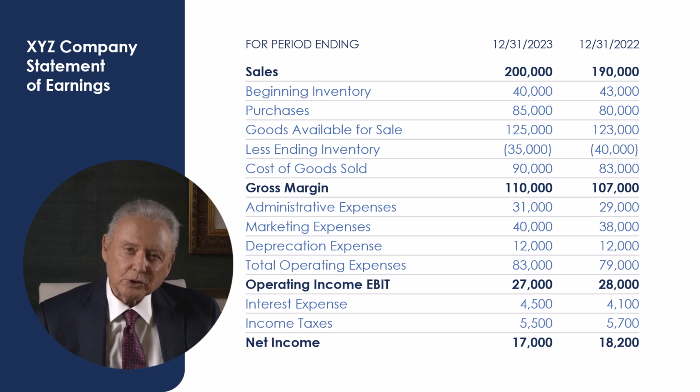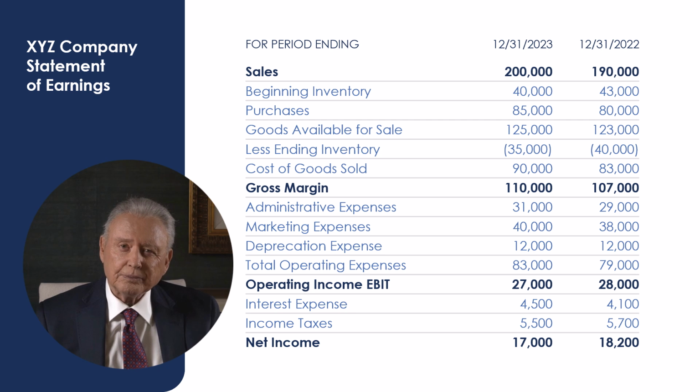We have ending inventory of $35,000, which we subtract from goods available for sale of $125,000, and we get cost of goods sold of $90,000. Subtracting $90,000 from sales of $200,000, we get gross margin of $110,000. For 2023, operating expenses are $83,000, resulting in operating income, or EBIT, of $27,000 and net profit of $17,000.